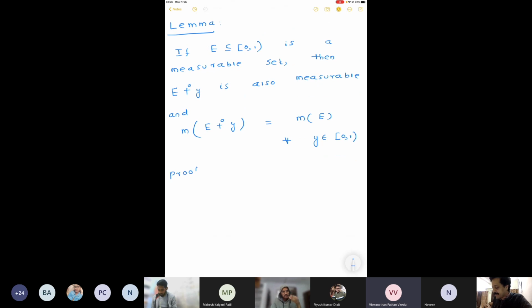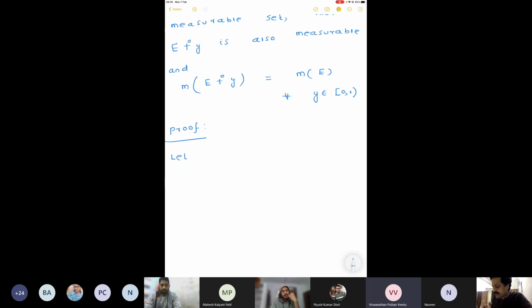As you can anticipate, the main step would be to connect the special translation with ordinary translation, because we already know that ordinary translation is measure invariant and ordinary translates of measurable sets are measurable. So we will try to connect special translation circle plus with the ordinary plus.